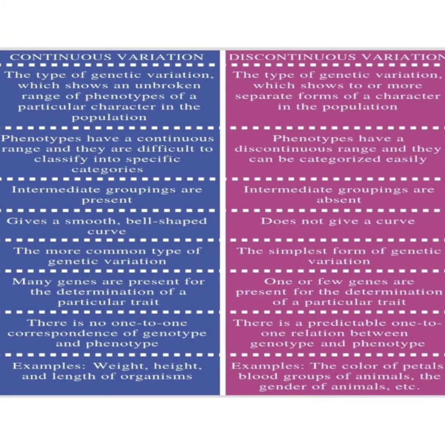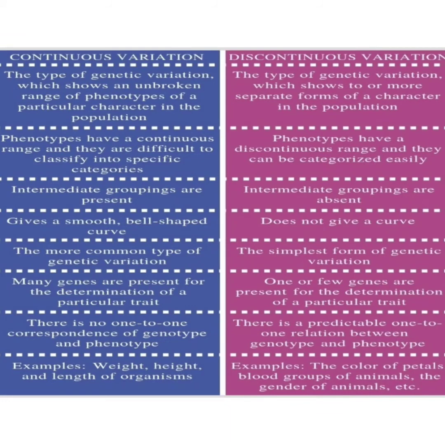In continuous variation, phenotypes have a continuous range and are difficult to classify into specific categories. In discontinuous variation, phenotypes have a discontinuous range and can be categorized easily. In continuous variation, intermediate groupings are present, whereas in discontinuous variation, intermediate groupings are absent. Continuous variation gives a smooth bell-shaped curve, whereas discontinuous variation does not give a curve.